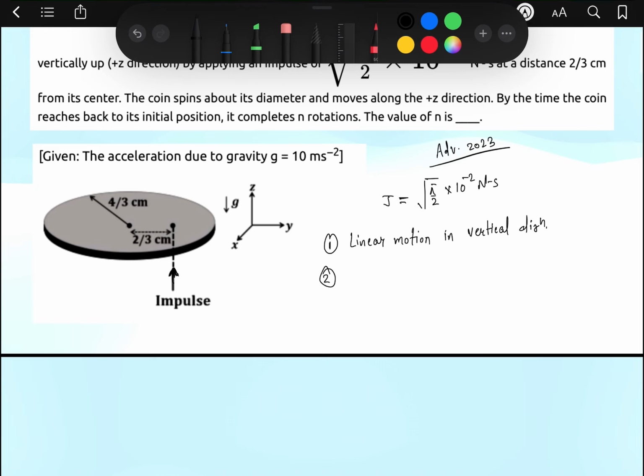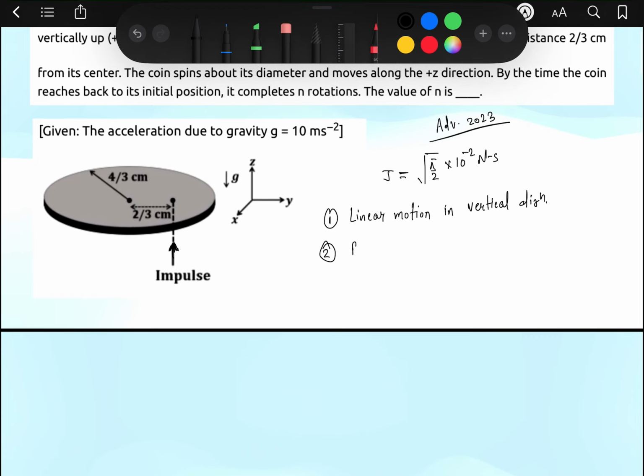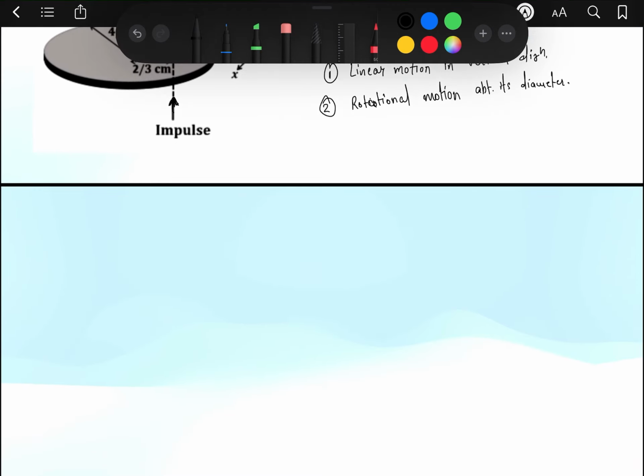And second will be the rotational motion about its diameter. Okay, so first I will be talking about the linear motion here.